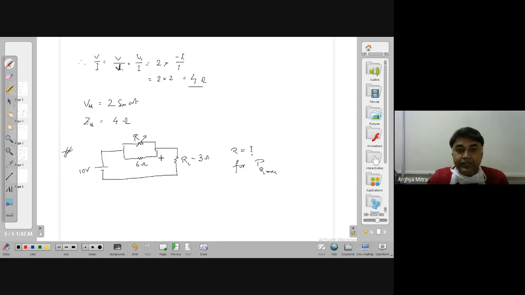Can anyone tell me what may be the way of tackling this problem, finding out the value of R?